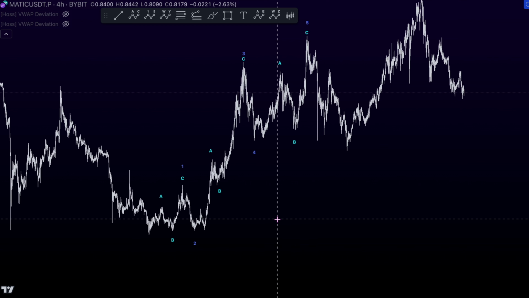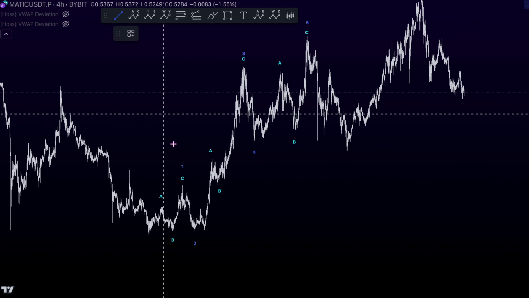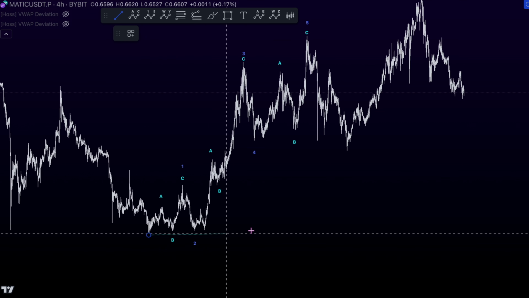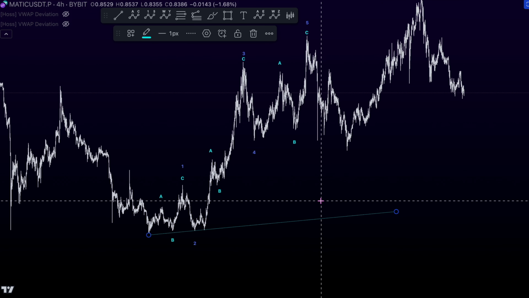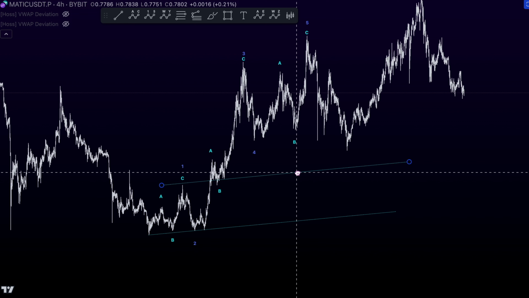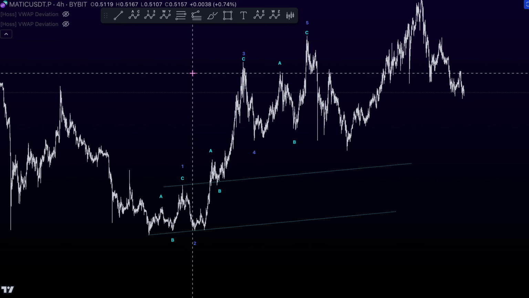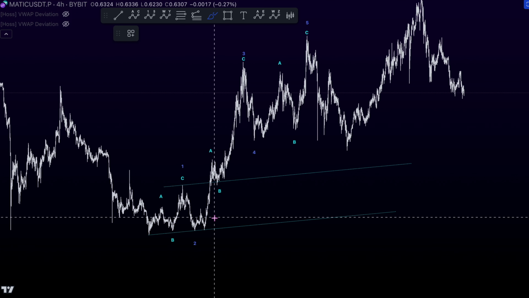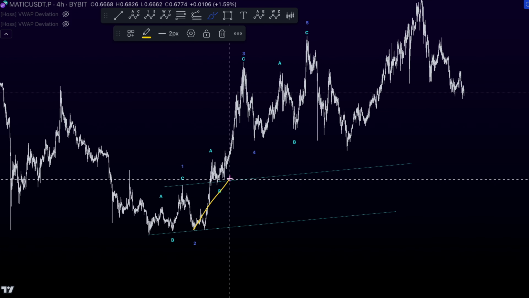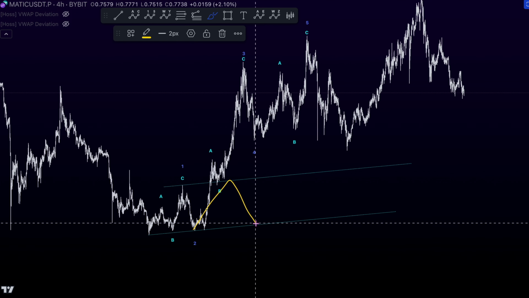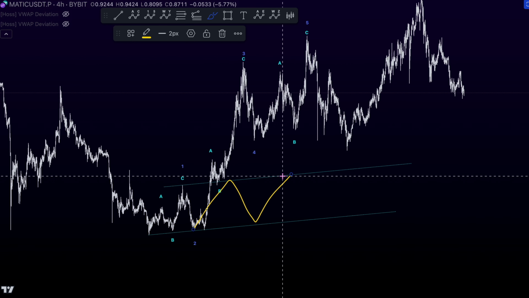So that means that this is a leading diagonal. In this case, a trend channel would look, yeah, pretty not accurate. So if the price would form a channel, wave 3 would be here, wave 4 here, and wave 5 here.